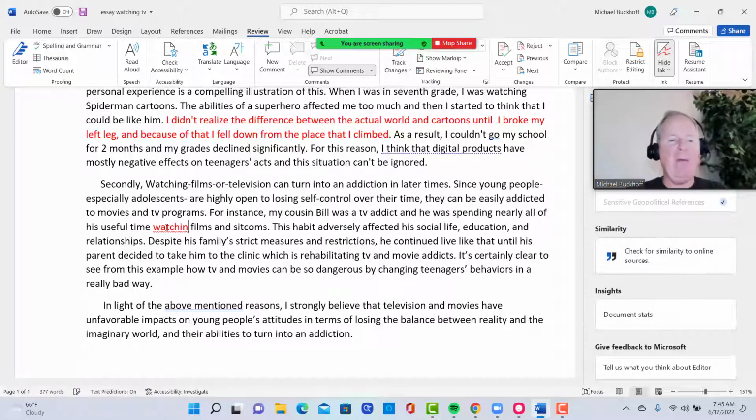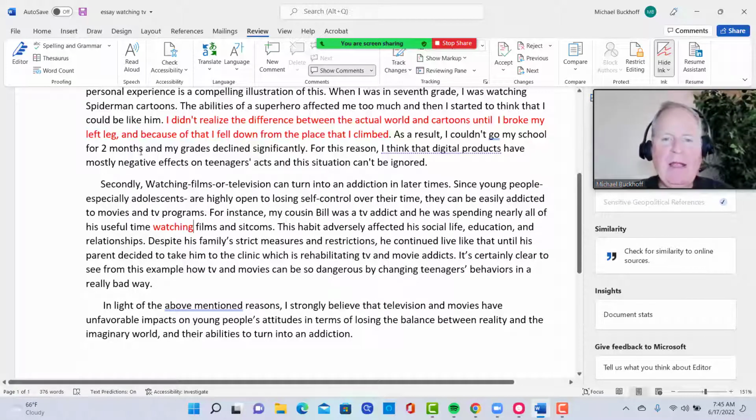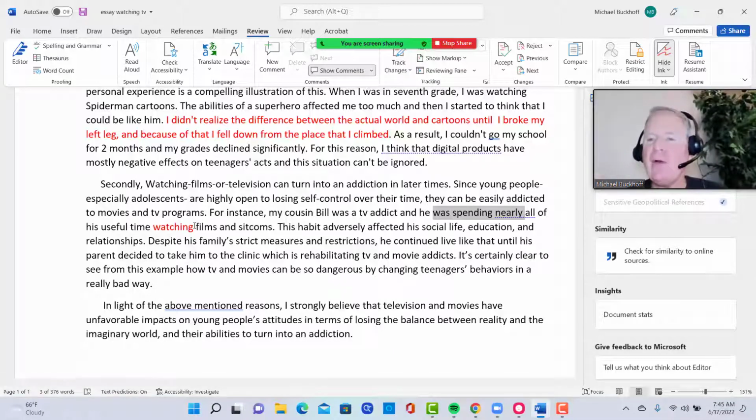So it's difficult, but how do we know whether to use infinitives or gerunds in our writing? What gives me the key here is that you said he was spending nearly all his time. Because you're using what's called the past progressive verb tense here, you're talking about an action that was completed in the past. It is common to use gerunds to talk about past completed actions, and it's common to use infinitives to talk about potential actions.